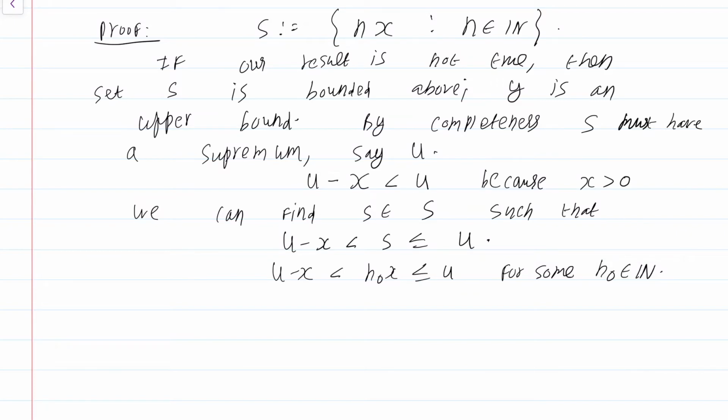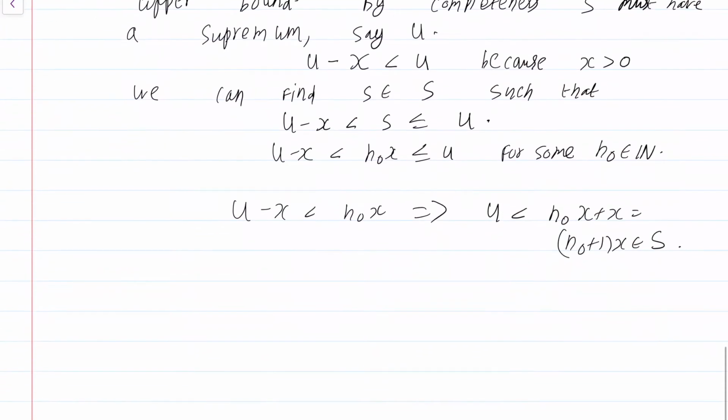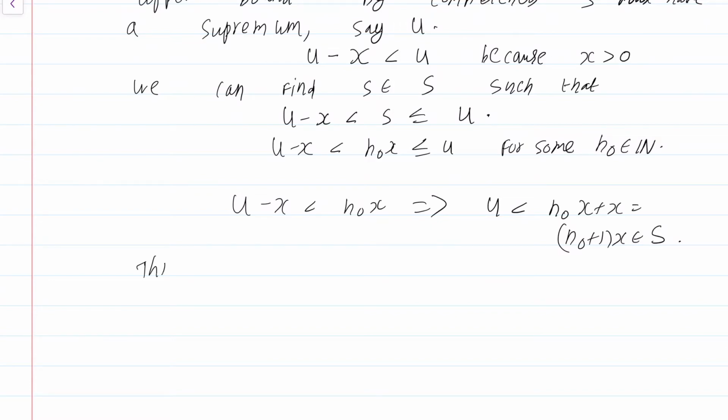Now just considering the first part of this, u minus x is less than n naught x, this implies that u is less than n naught x plus x, which is (n naught plus 1)x, which is an element of S. Okay. This contradicts the choice of u as the supremum.